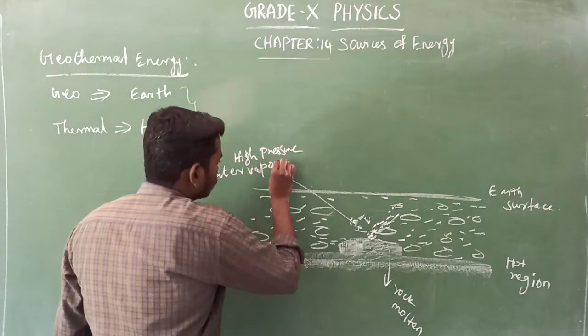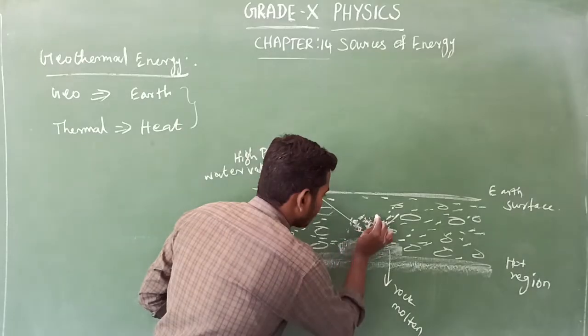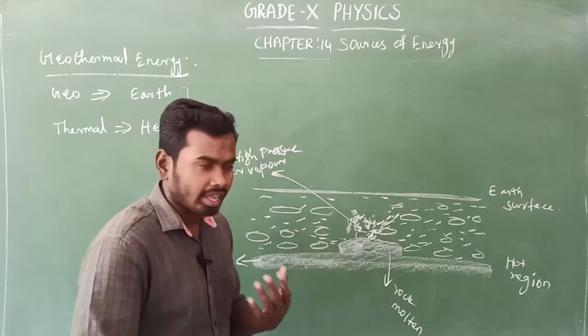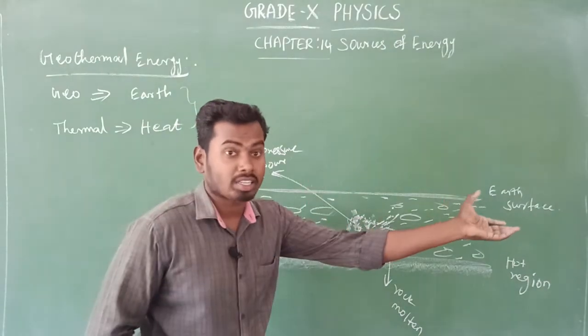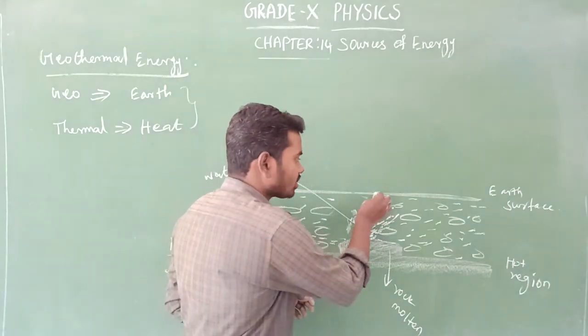High pressure water vapor is there. Okay. So as the temperature increases again and again, this water vapor undergoes high pressure, isn't it? Yes. So this is earth surface.